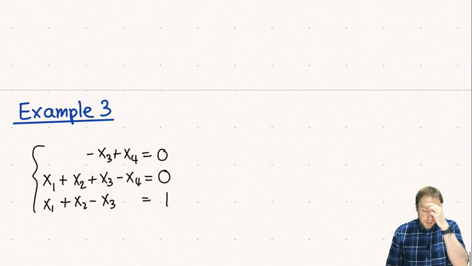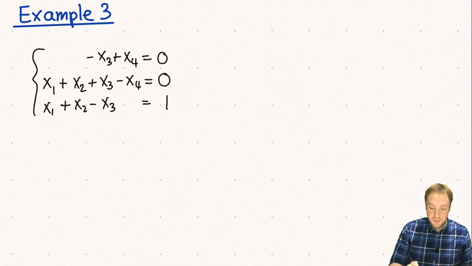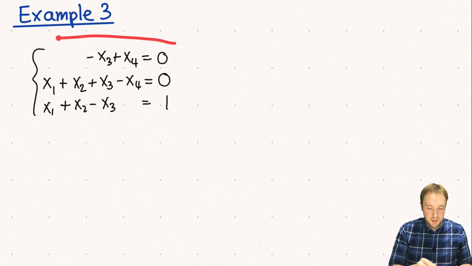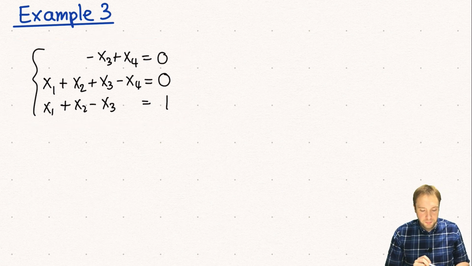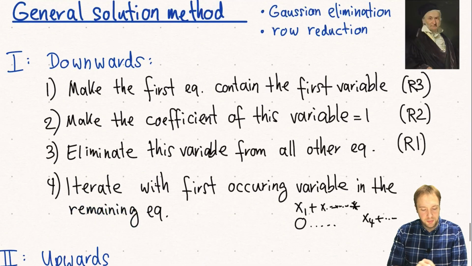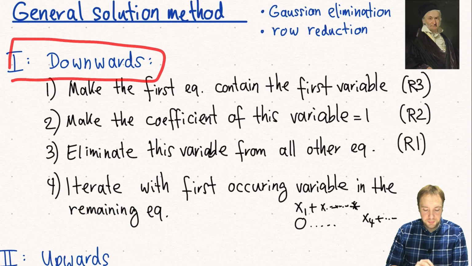Okay, so let's do a final example for this, and again try to stop the video here and apply this algorithm to this linear system here. So we want to find all the solutions to this linear system, and we start with these downward steps.